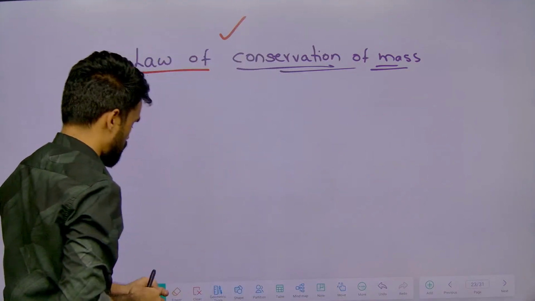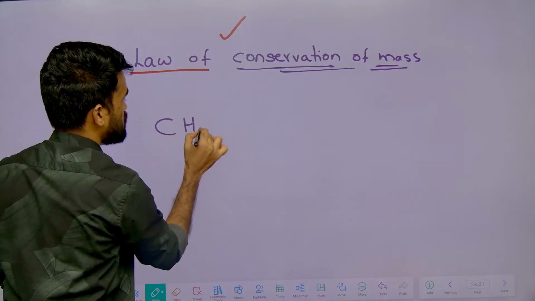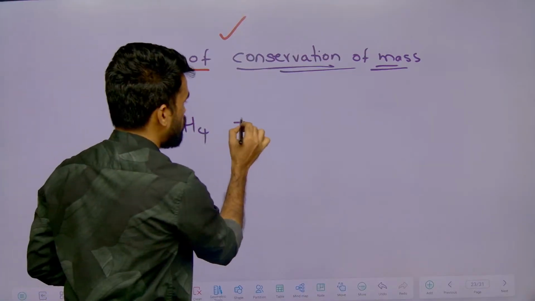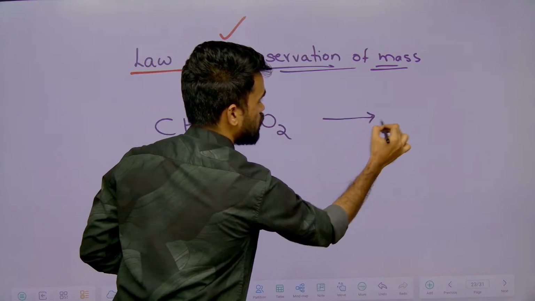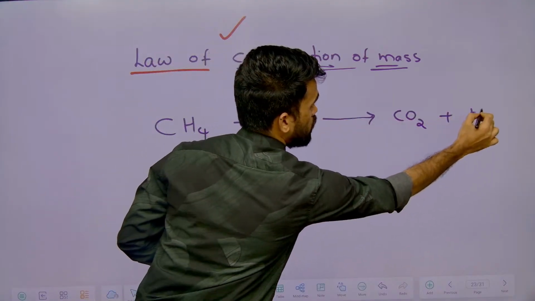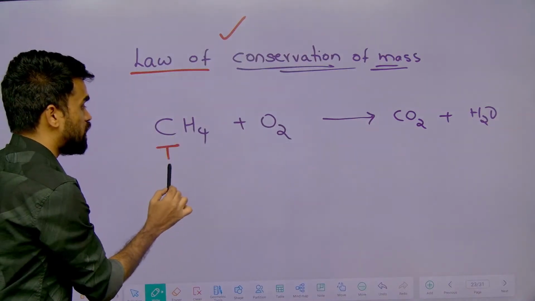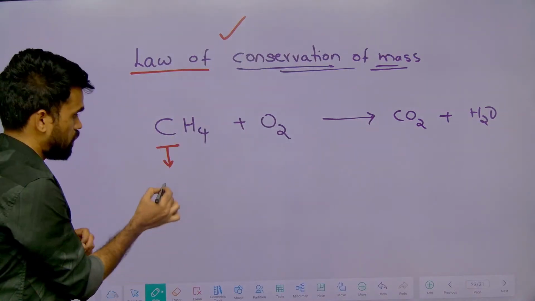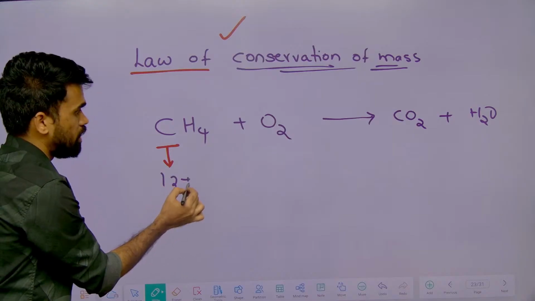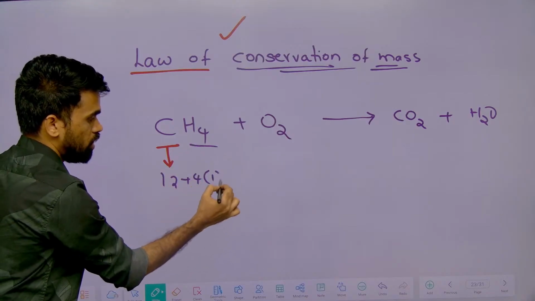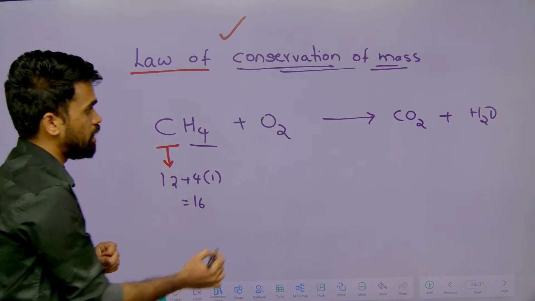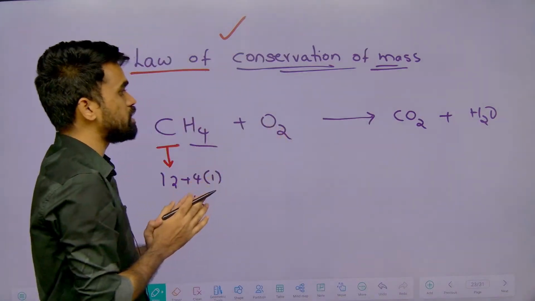Let us take one example. The basic one is methane. I am writing: combustion of methane produces carbon dioxide plus water. What is the mass of one carbon? 12. Hydrogens are 4, so it is 16 on this side. First, look at whether the reaction is balanced or not.